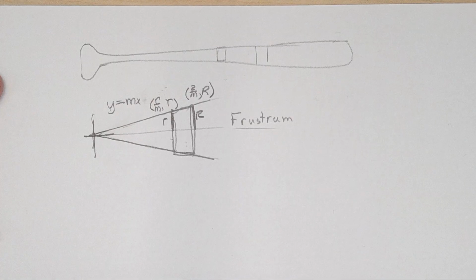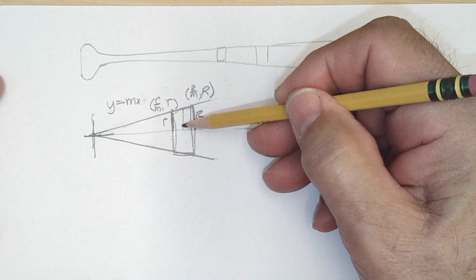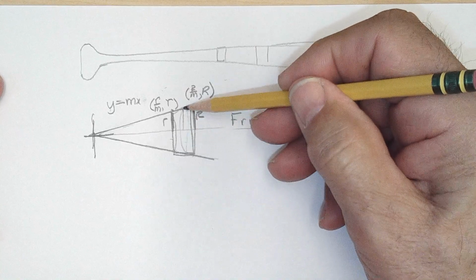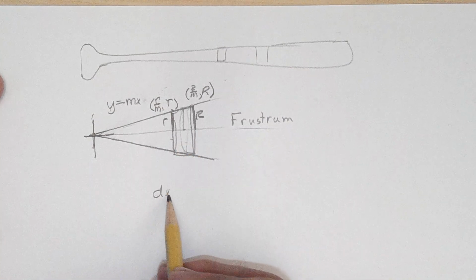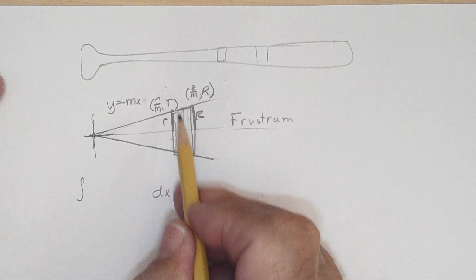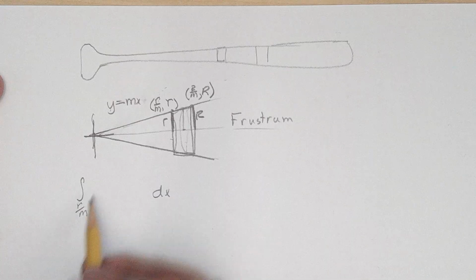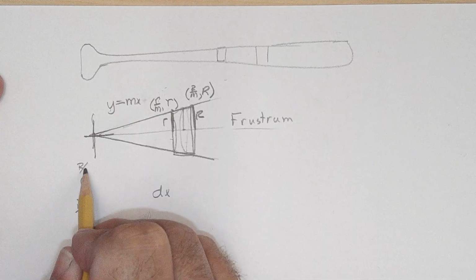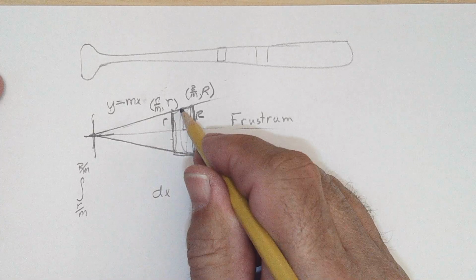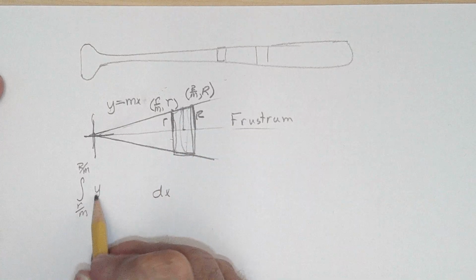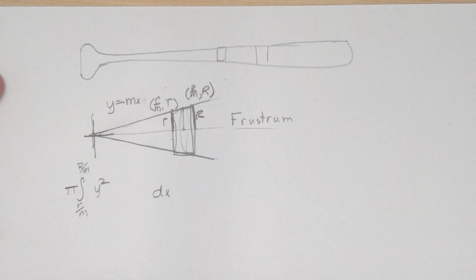To find the volume of this, I'm going to do a disk slice. I'm going to slice it here and imagine that spun around. So the thickness of the disk is dx, and I'm integrating from x equals little r over m to big R over m, between the two x values, of pi y squared dx.